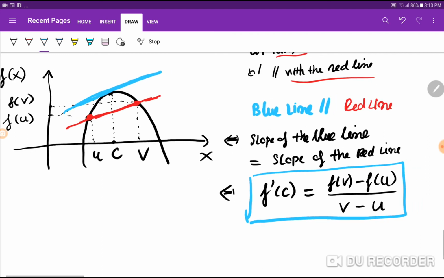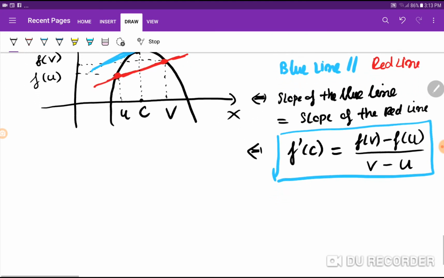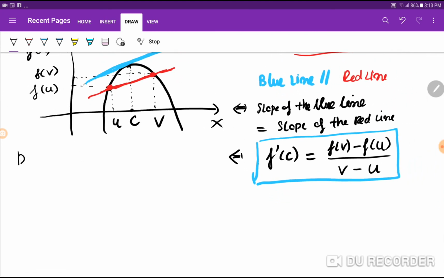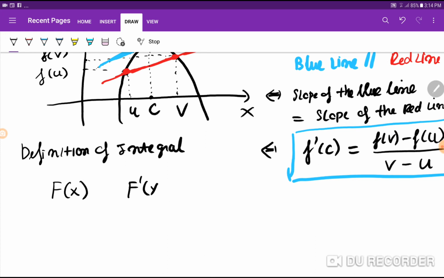Now, let me give you some recall of integrals. If you recall the definition of integral, let's say you have a function F(x), and if you take the derivative of the function, you get small f(x).